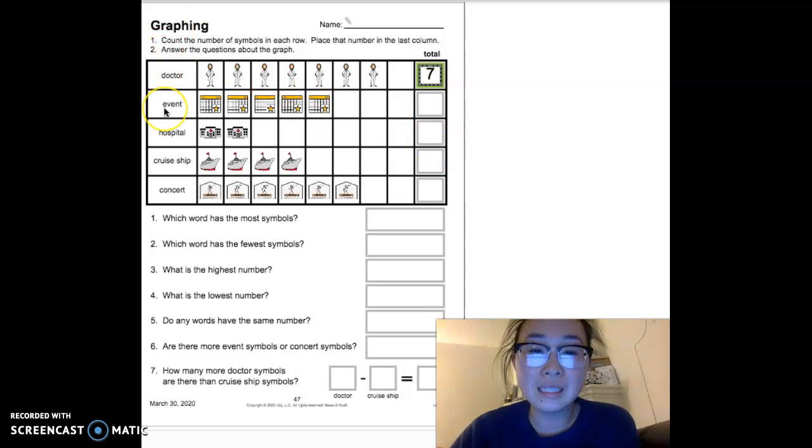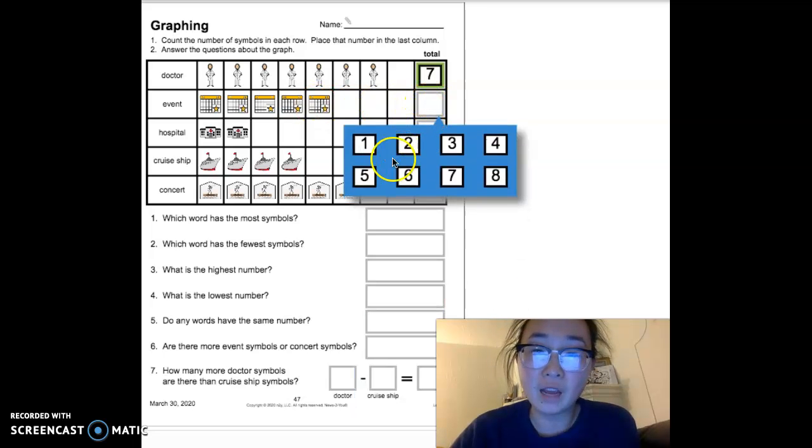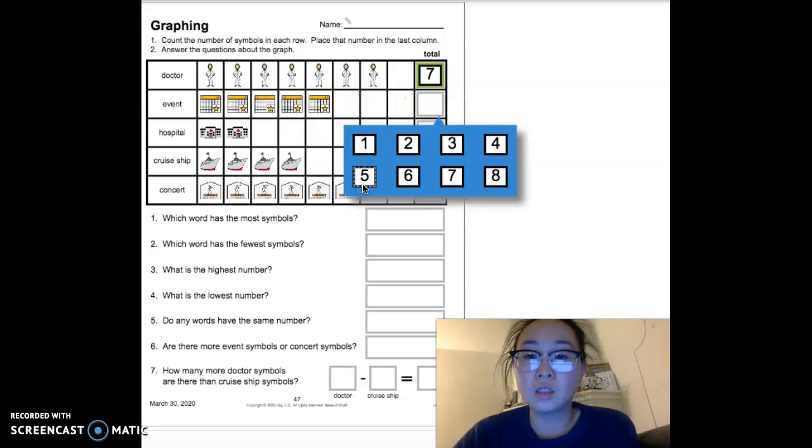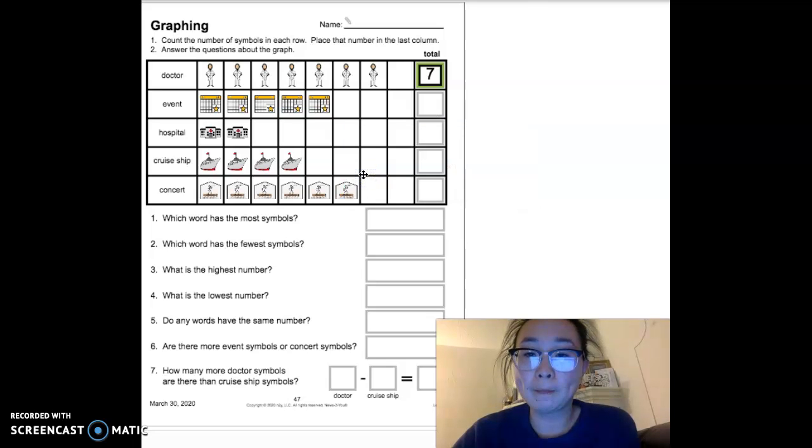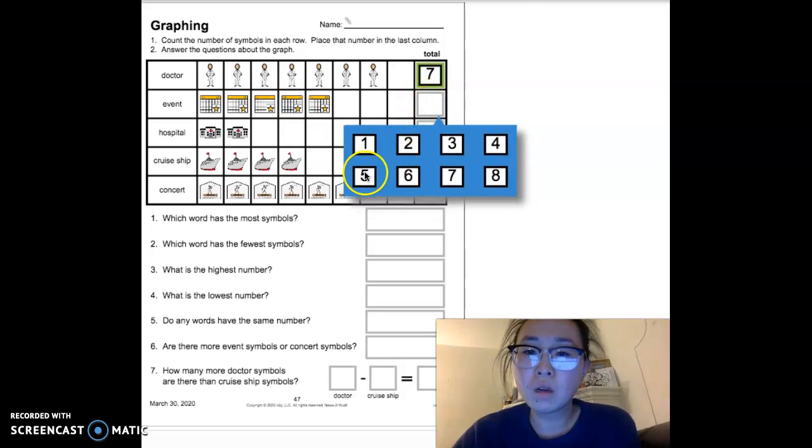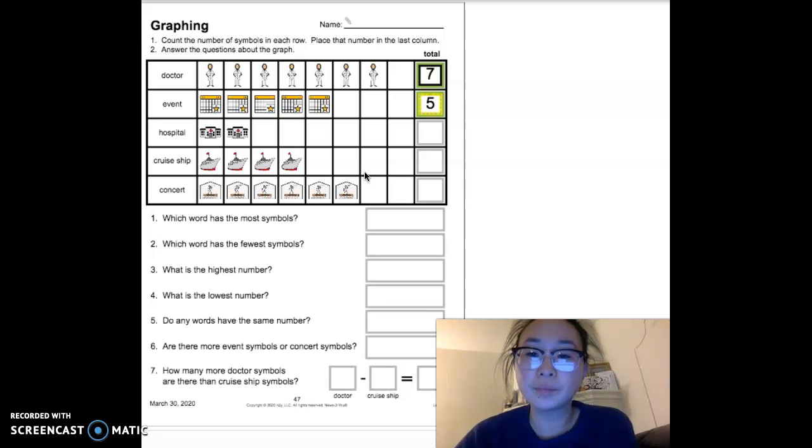The next word is event. Event has 1, 2, 3, 4, 5. Event has 5 symbols. Okay. The next word is hospital. Hospital has 1, 2. Just 2.